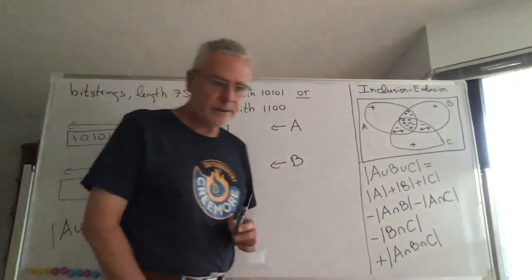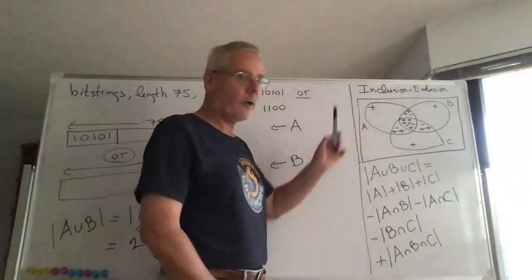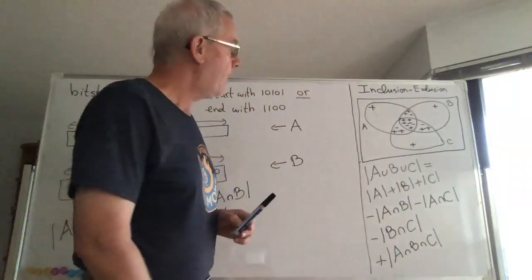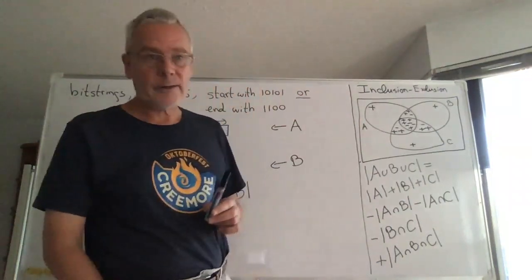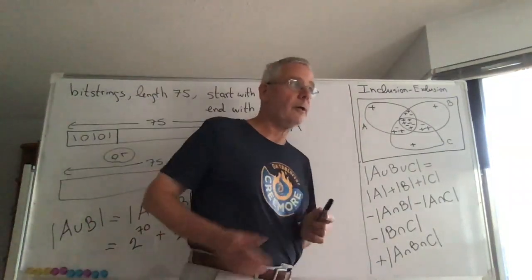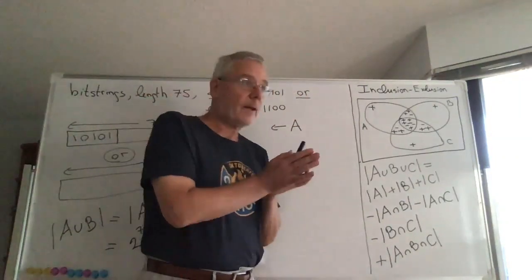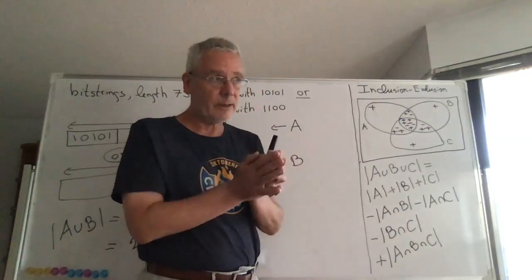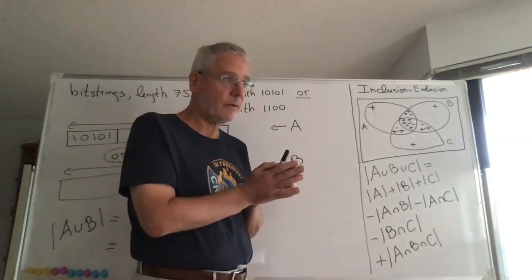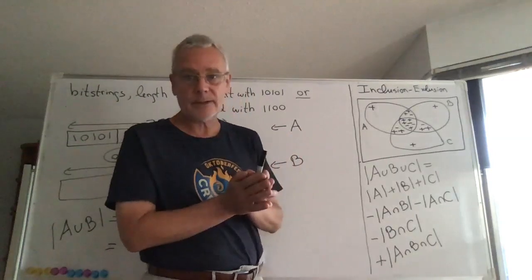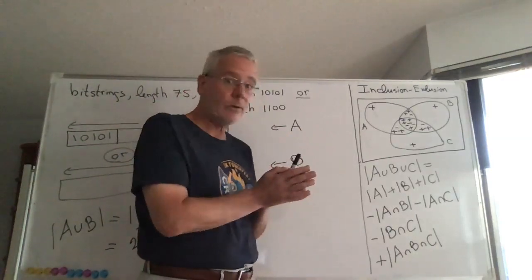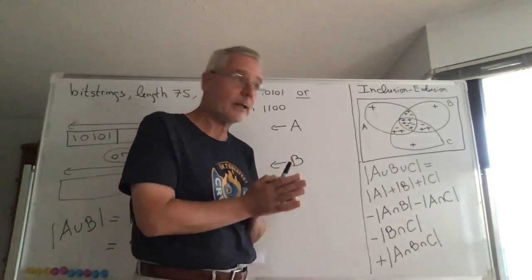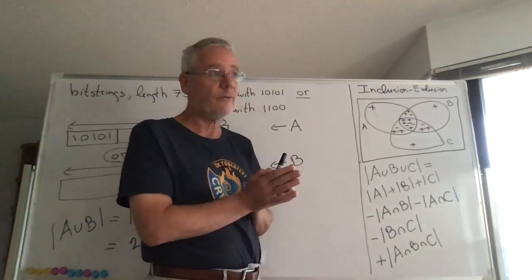Now I hope you can imagine that we can also do this for 4 sets. I'm not going to draw a picture because that becomes a mess. If you have 4 sets, then for the size of the union, first we include the sets themselves, then we exclude the pairwise intersections, then we include the triple intersections, and then at the end we exclude the intersection of all 4.